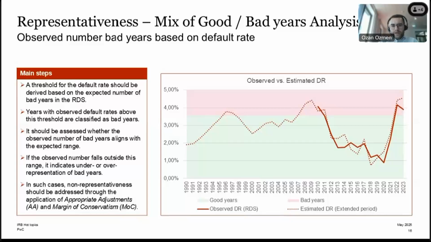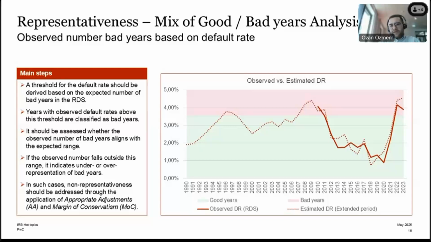For example, our default rate starts somewhere around 2010 approximately, and the extended period goes until 1990. So this is by itself a model, right? We just estimate default rates, even though it's backwards, not forward. Still, it's a model using, again, macroeconomic indicators inside of the model.